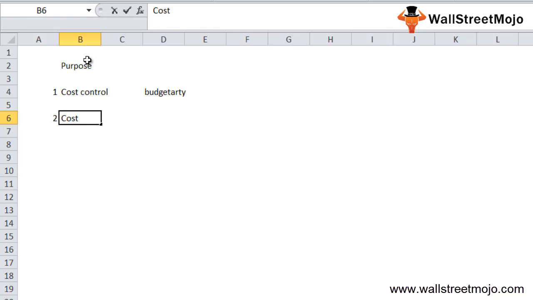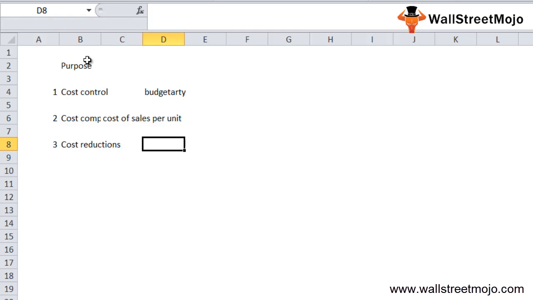Second, the cost computations. This is the main function of cost accounting, and this is the source of all the other functions of cost accounting. In this section, we will see how we can calculate the cost of sales per unit for a particular product. Third is the cost reduction.